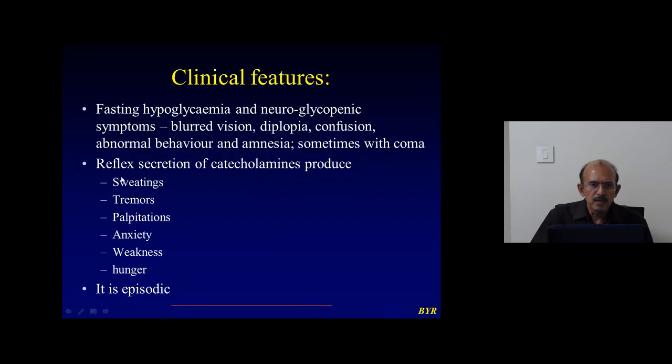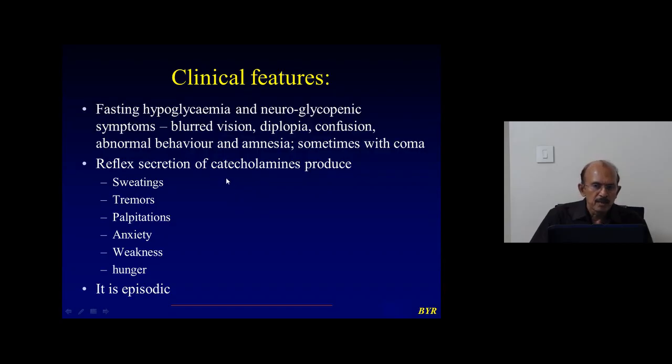There may be reflex secretion of catecholamines to counter this hypoglycemia, because among the anti-hypoglycemic hormones in the body, the first and foremost one is the adrenergic hormones, then adrenocortical hormones, then glucagon.